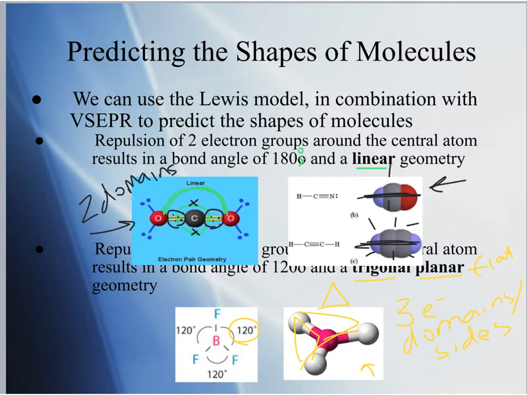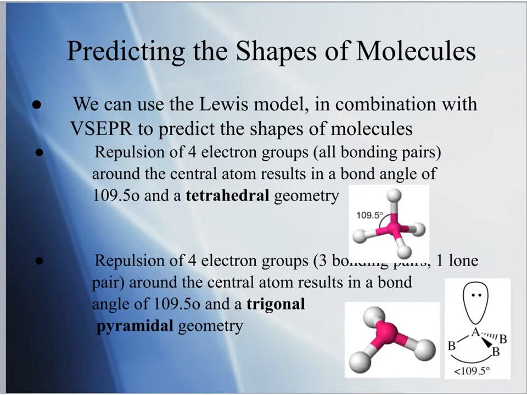Now let's take a look at what happens if we add another electron group. When we add a 4th group of electrons around that center atom, we can actually get a couple of different shapes. That's because we could either have all of those electron groups being bonded pairs, or some of those can be lone pairs.